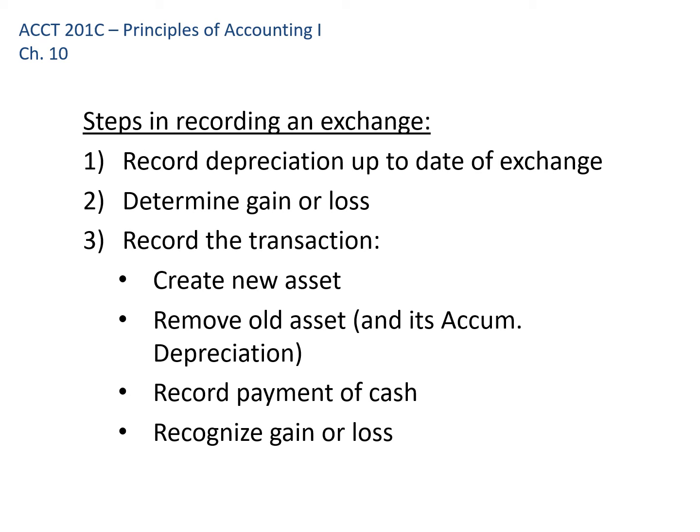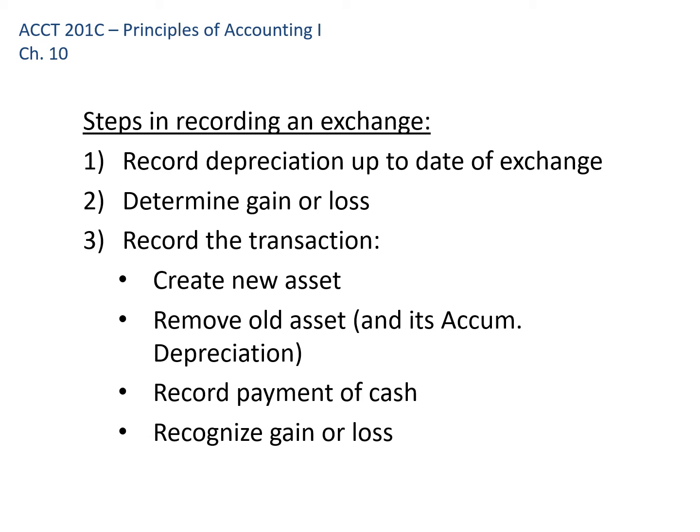So there are three steps here. One, record the depreciation up to the date of exchange. So we have it depreciated up to that point. Two, we determine if there is a gain or a loss. Remember, that's proceeds minus book value. And three, we record the transaction. And there's four things we want to record in this transaction. We want to put the new asset on the books.